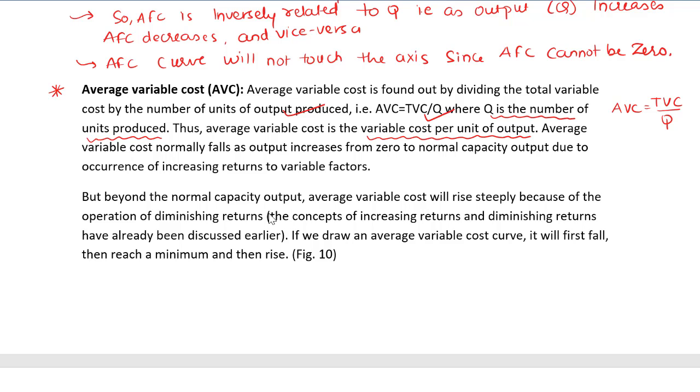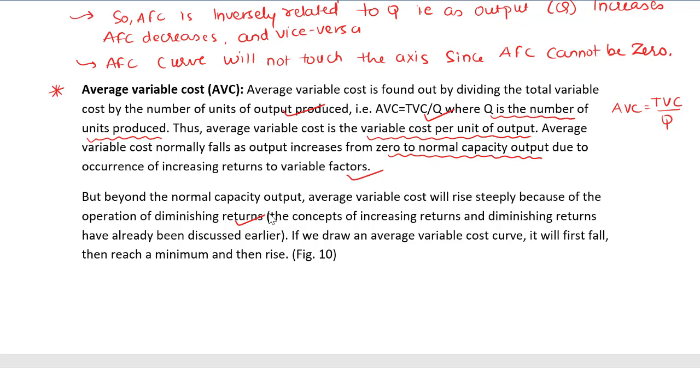Average variable cost normally falls as output increases from 0 to normal capacity output, due to occurrence of increasing returns to variable factors. But beyond the normal capacity output, average variable cost will rise steeply because of the operation of diminishing returns. The concepts of increasing returns and diminishing returns have already been discussed earlier.